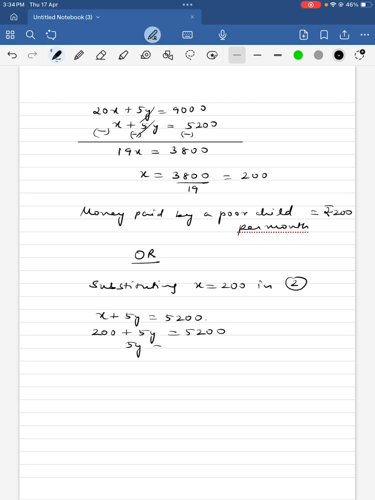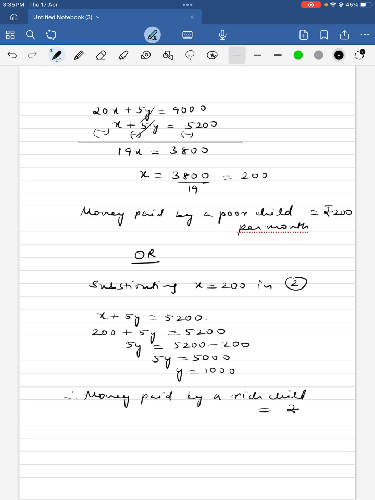That is 5y equal to 5200 minus 200, or 5y equal to 5000, or y is equal to 1000. Therefore, money paid by a rich child is equal to rupees 1000 per month.